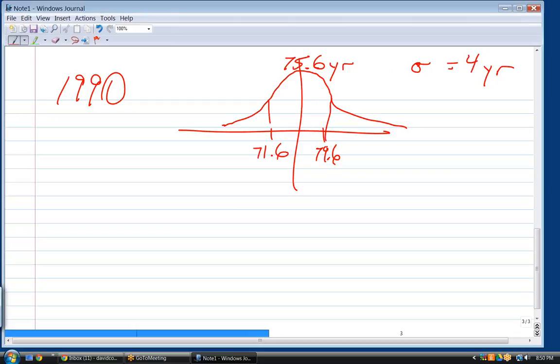And I know that 68% of the curve lies under one standard deviation. So if I want the odds of living, what was the question? Probability of living greater than 79.6 years, which is this area all over here.